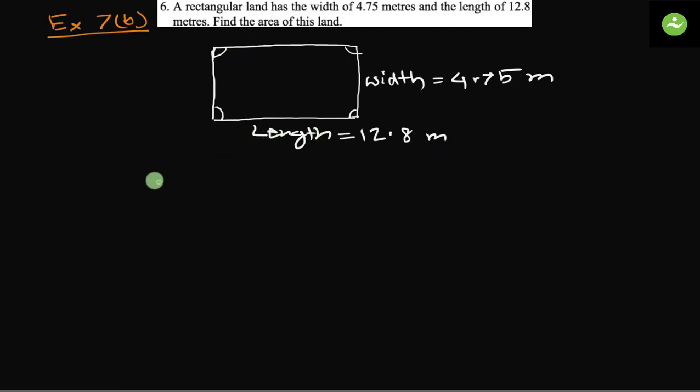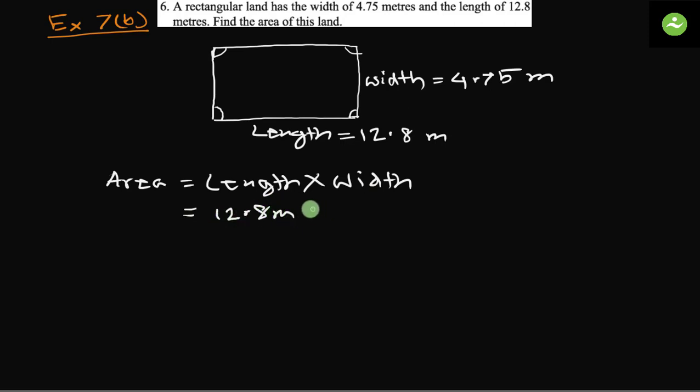We know area of a rectangular land equals length into width. What is the length? 12.8, unit meter. Multiply by width, 4.75 meter.